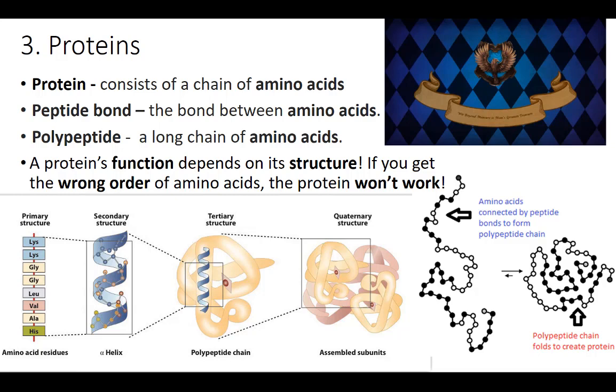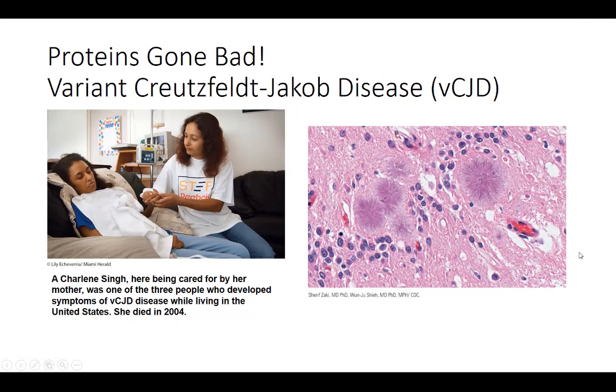Lactase breaks down lactose. Well, if you can't produce lactase, this order of amino acids has gotten out of order. It's not being produced the right way. The enzyme lactase is not made correctly, so you cannot break down lactose. And that's just a good example. This next one is a really sad example, but it's worth mentioning. Some extreme examples of what can happen when proteins are not put together the correct way.